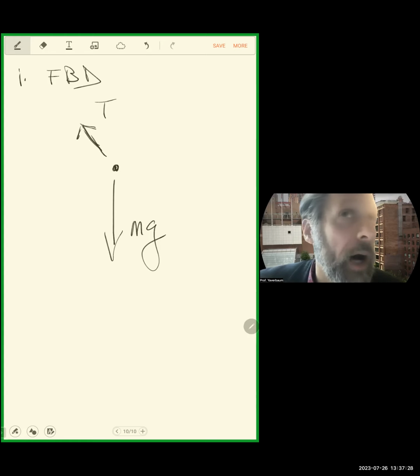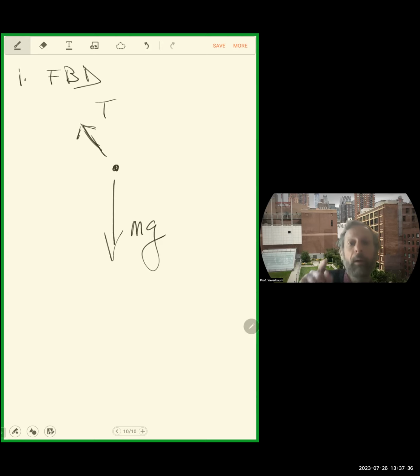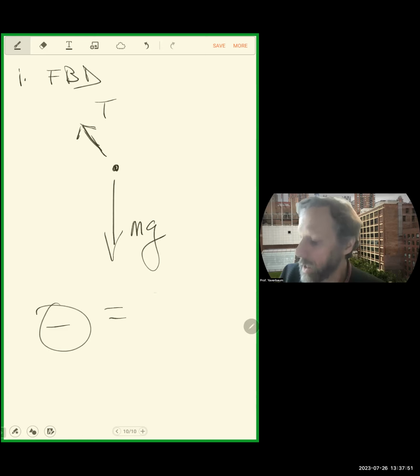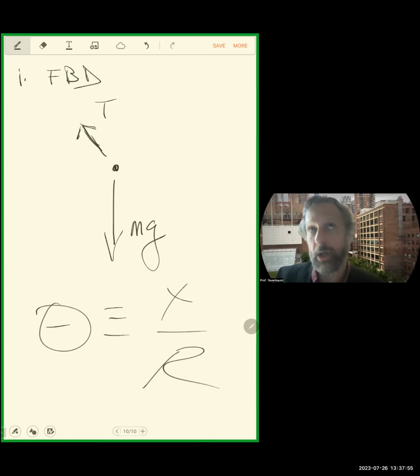The other way to solve for the speed at equilibrium, that for some of you might be easier, is you know that this is a harmonic oscillator. So theta equals theta naught times cosine of omega t. We know the definition of theta is arc length divided by radius. That's the definition of theta, right?